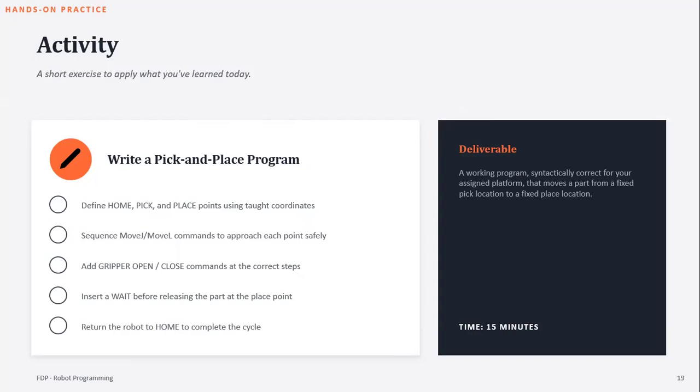So let us have this exercise for our clear understanding of the significant importance of a pick and place robot program.